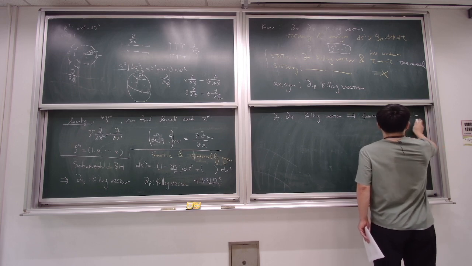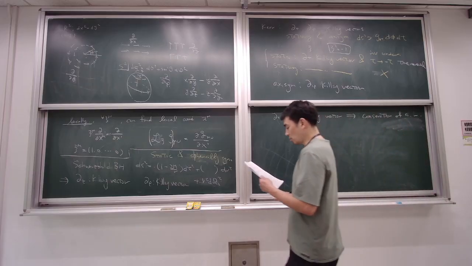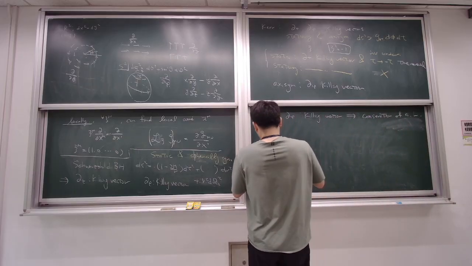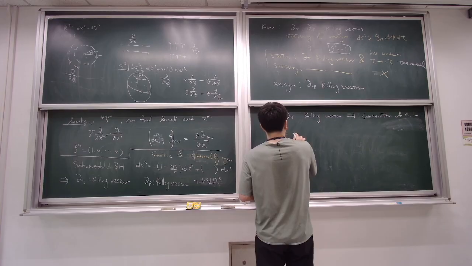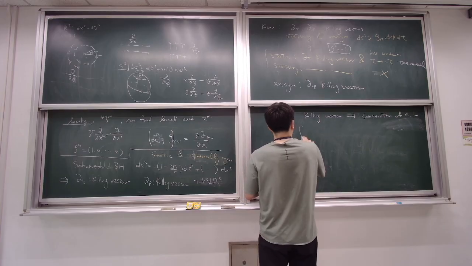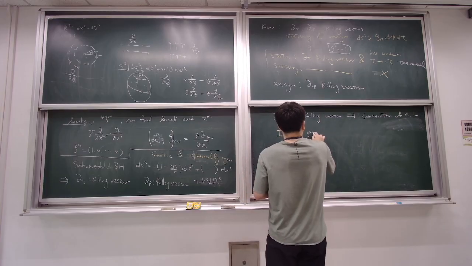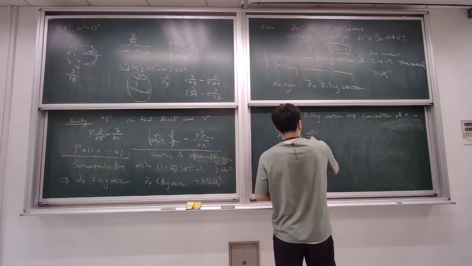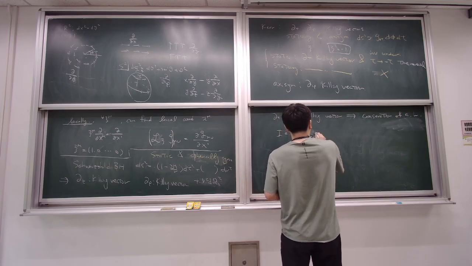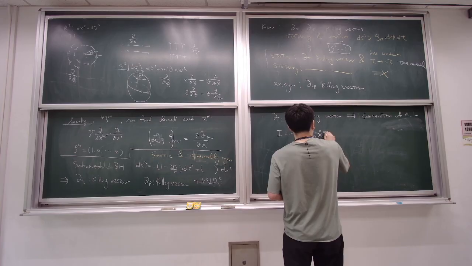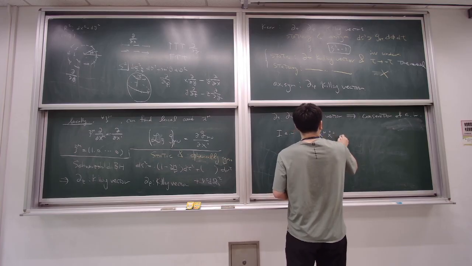Anyway, let's not go into that. Let's derive that. Suppose I is equal to something like minus g mu nu x dot mu x dot nu d tau.